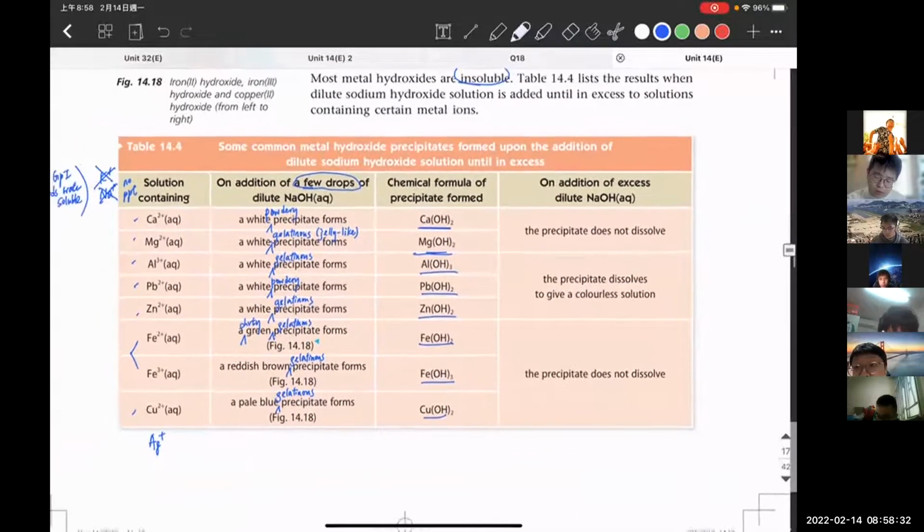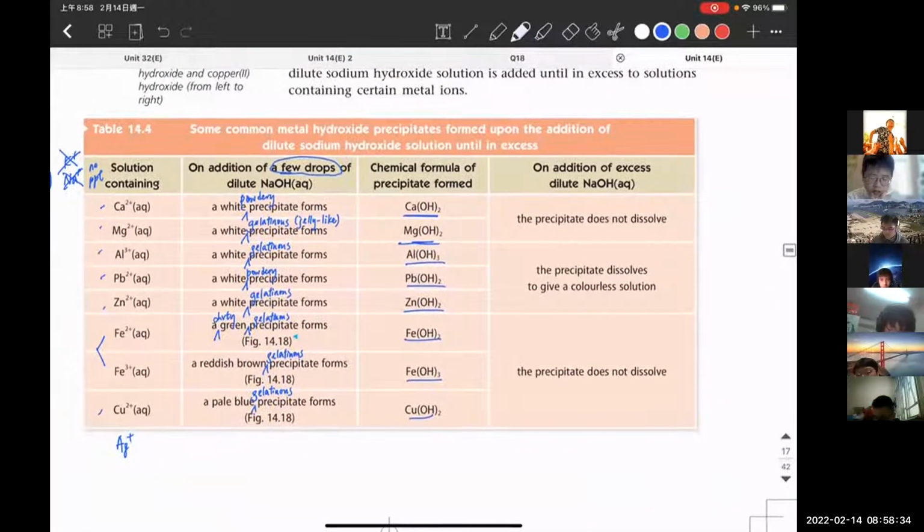How about this? What will happen? It's quite difficult. Mr. Chin, I still find it difficult to distinguish between these 5: calcium, magnesium, aluminium, lead-2, and zinc. Why? Because all of them are said to be white PPT. Right?